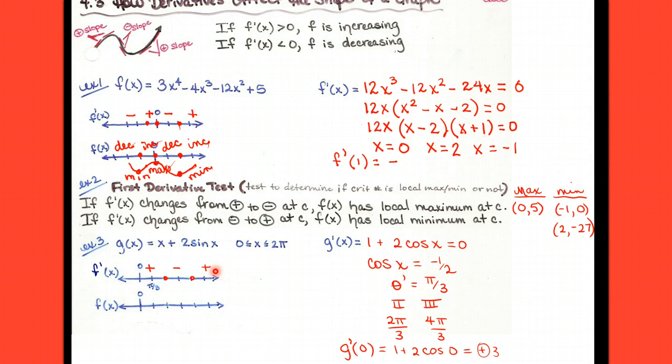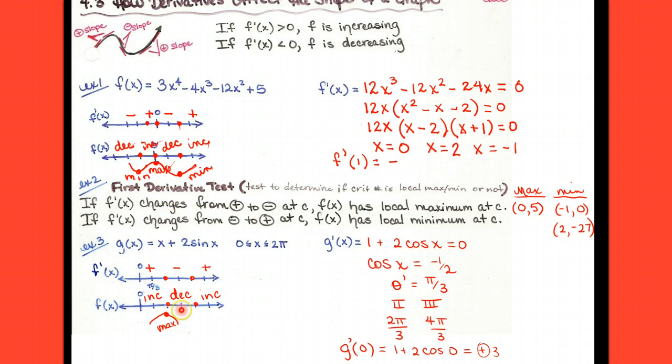But I do know that where the original function changed from increasing to decreasing, it changed from going up to going down, that'd have to be a maximum there. And that's what my first derivative test said as well, that anywhere my derivative changed from positive to negative, I would have a maximum.